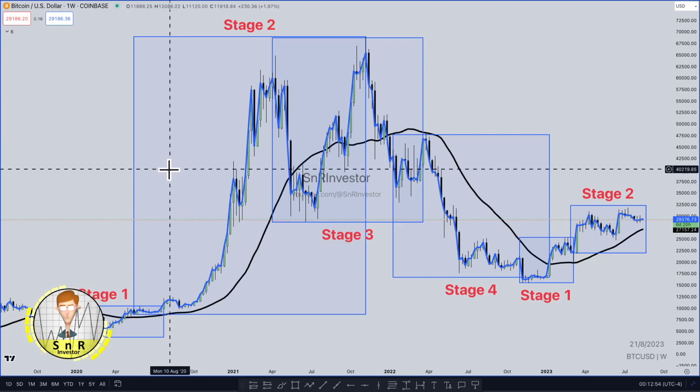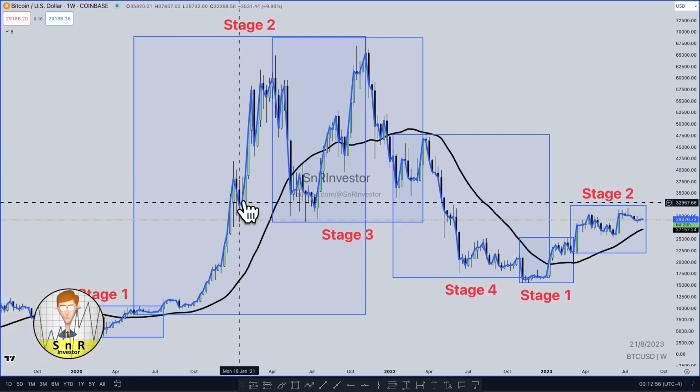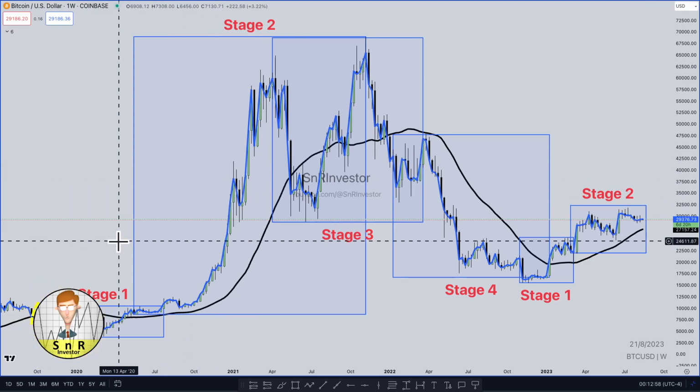And this could give us opportunity to invest at different price transitions between the stages, and to protect our investment in Bitcoin from downturns.